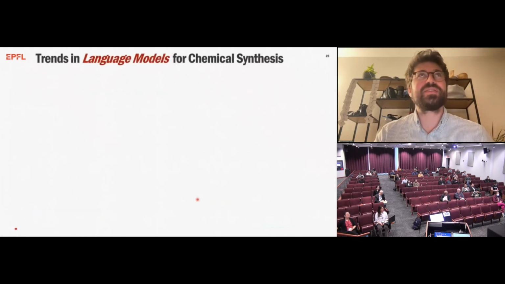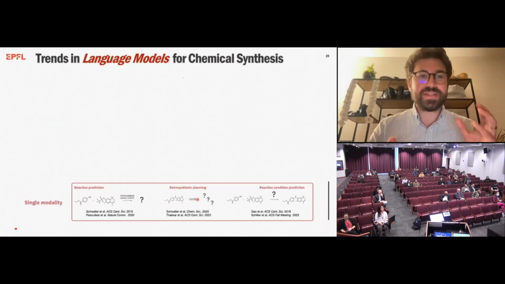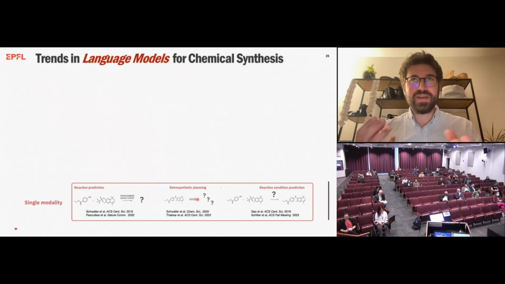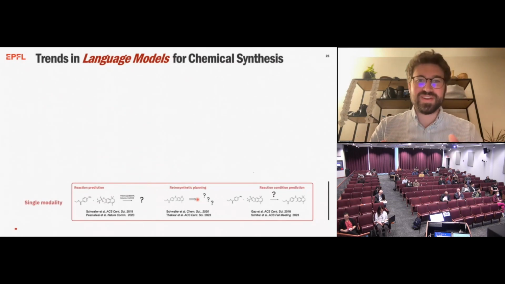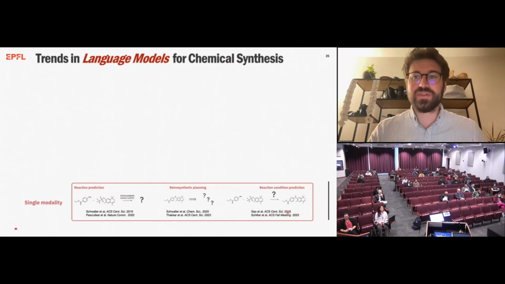If we look at language models for chemical synthesis a few years back, we were really focusing on single modalities, like I was explaining in the last slide: translating from reactants to products for reaction prediction, doing the other way around for retrosynthetic planning, or trying to predict reaction conditions with language models.